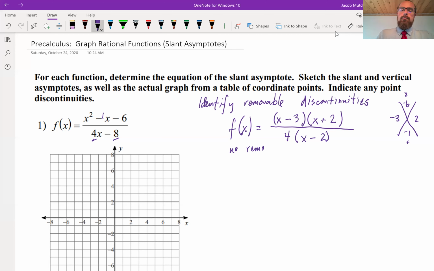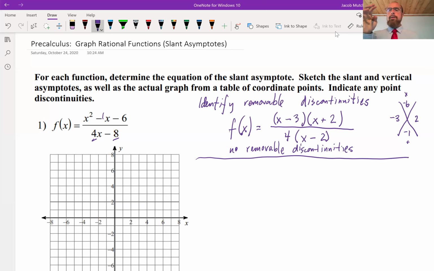Once you've decided one way or the other whether your function has removable discontinuities or not, the second thing we want to look for is the equation of the horizontal or the slant asymptote. At that point, what we're looking for is a comparison between the high power on x in the numerator compared to the denominator. Looking back at the original function, since we didn't have any cancellations, I'm not going to work with the factored form.